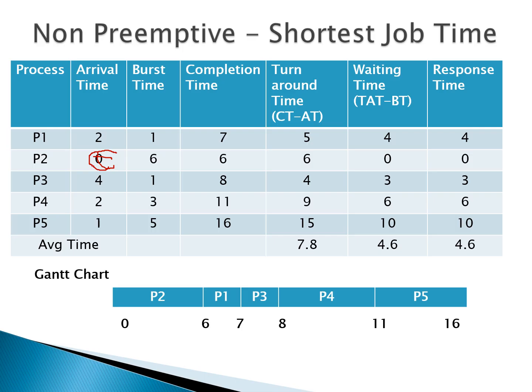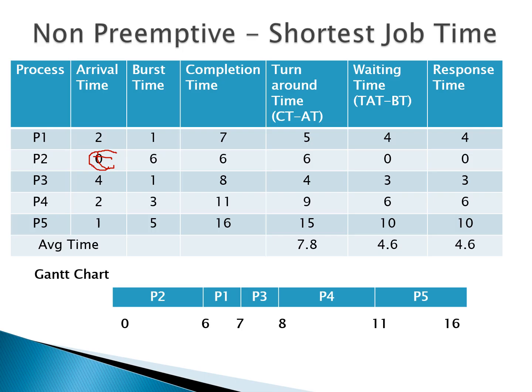Now we go ahead with the response time. The response time is very similar: when the CPU has not been kept waiting, the response time and the waiting time will be similar.